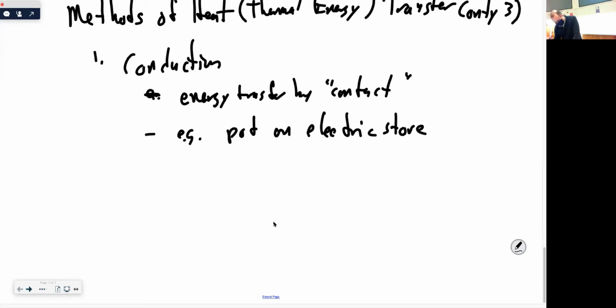Convection. Exactly. How would you define convection? Or how would somebody else define convection? Sure, but you could make that same definition for conduction too, probably.